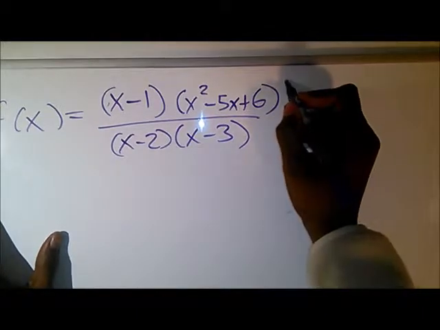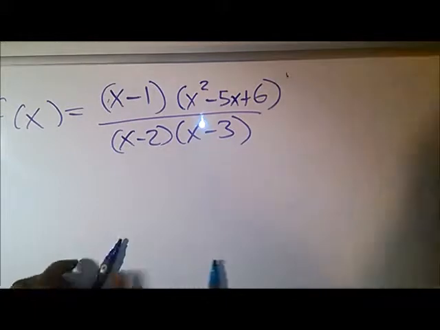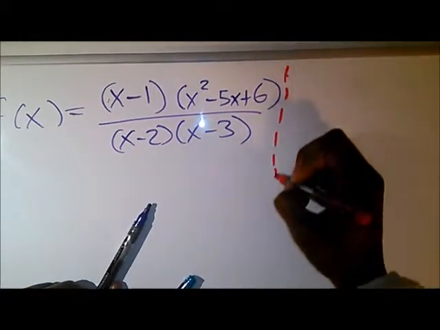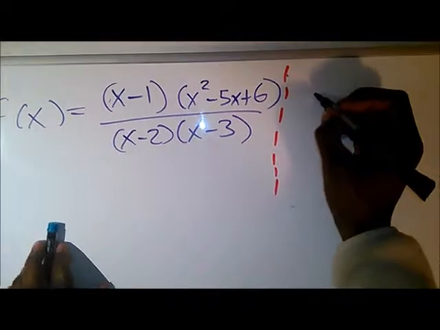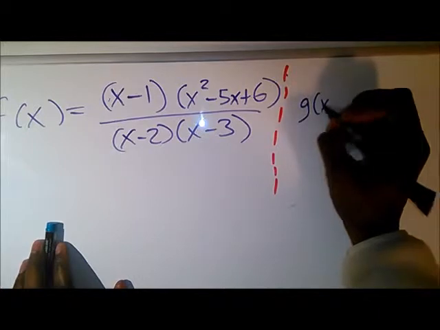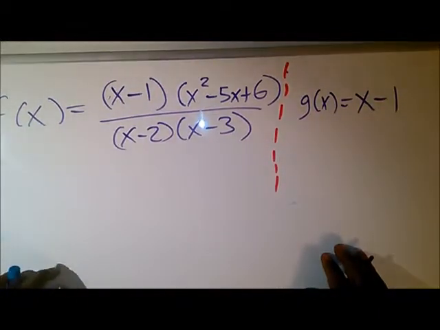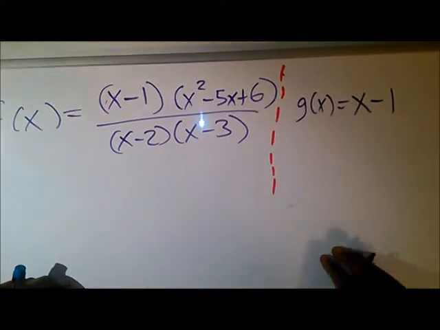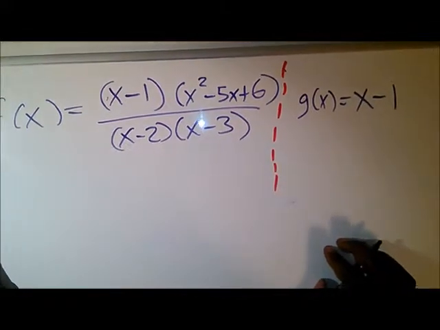Okay, this is not the same function as, let's call this g of x, equals x minus 1. Well, what am I talking about? They are different things. Why am I picking on this one? Remember the factored form of this.